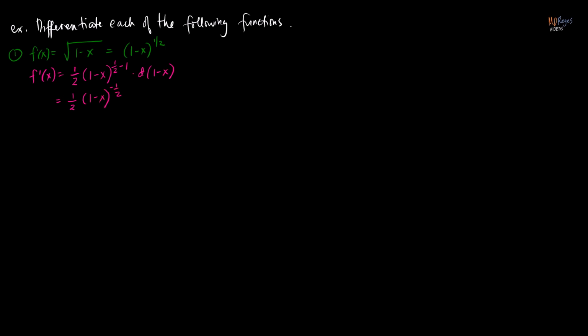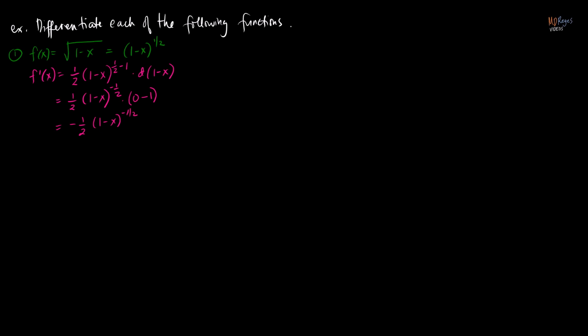What is the derivative of 1 minus x with respect to x? The derivative of 1 is 0, minus the derivative of x with respect to itself, which is 1. So it's 1/2 times negative 1.